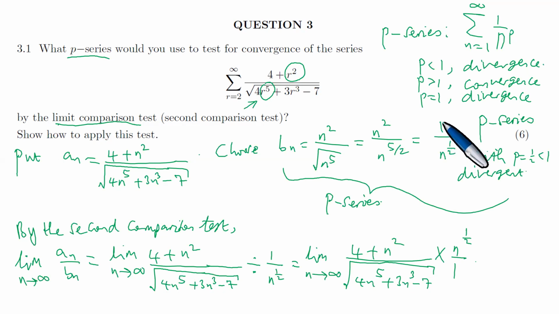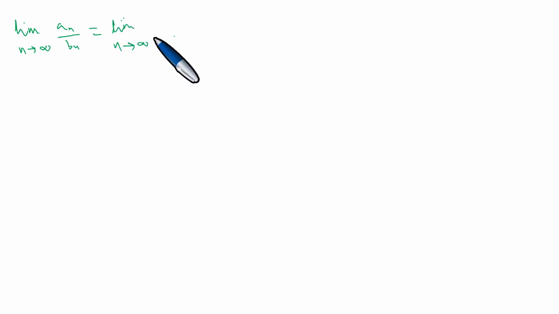Right, we just divide by the Bn. The Bn is 1 over n to the 1 half. Right, we proceed to the next page. Moving on to the next page takes us to the limit as n approaches infinity of an over Bn.